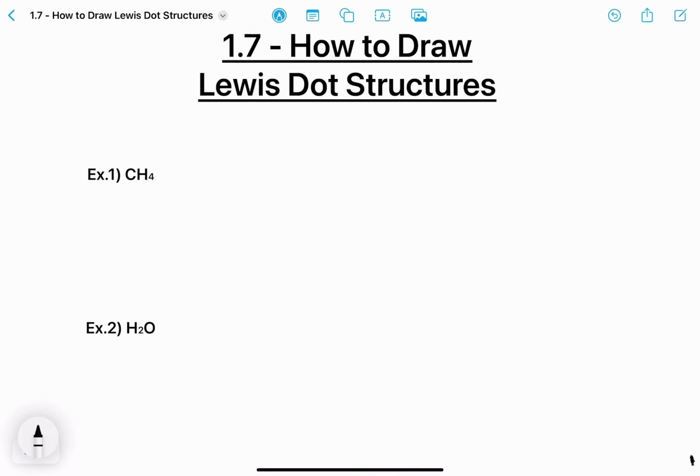We're going to talk briefly about how to draw Lewis dot structures. So the first thing we're going to do in the first example is count the number of valence electrons around each atom. Carbon in group 4 of the periodic table has 4 valence electrons.